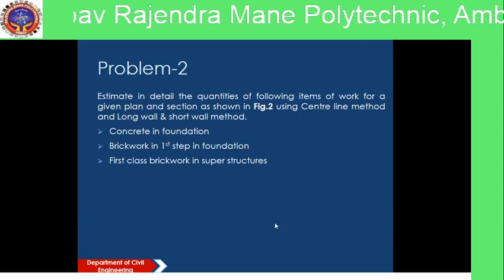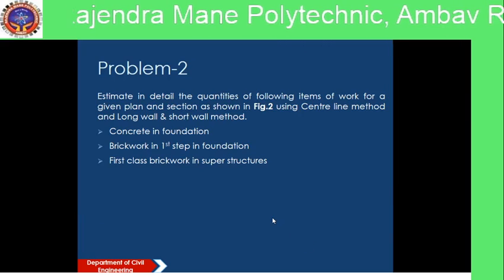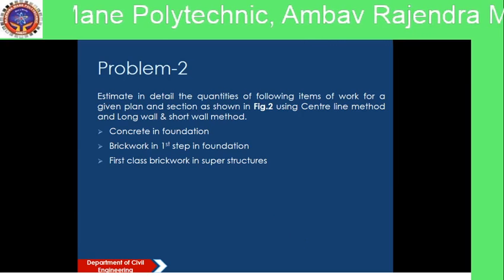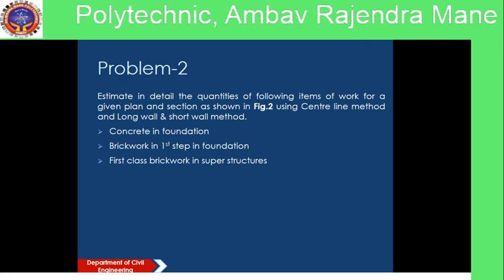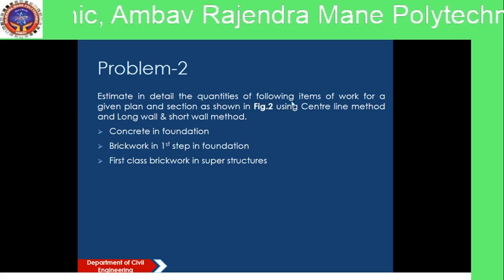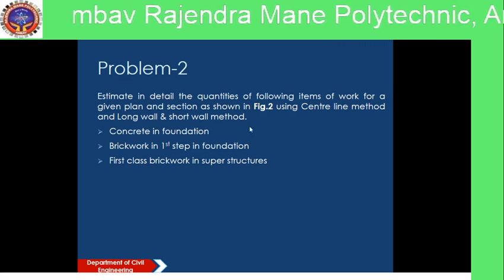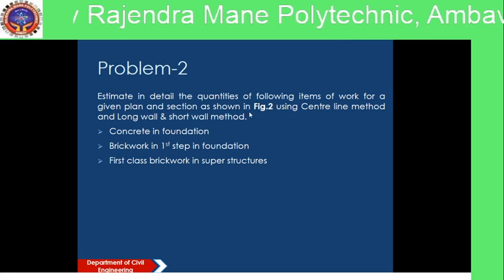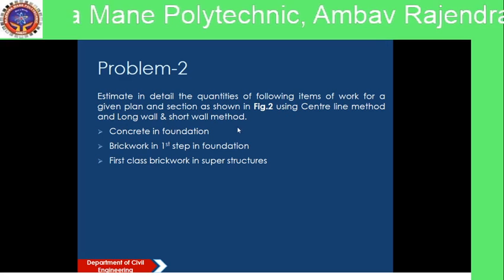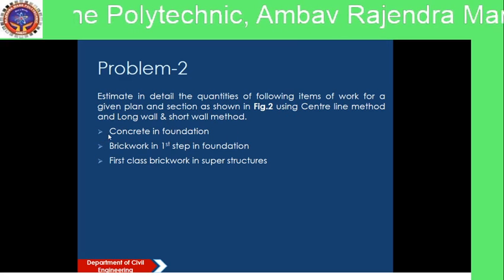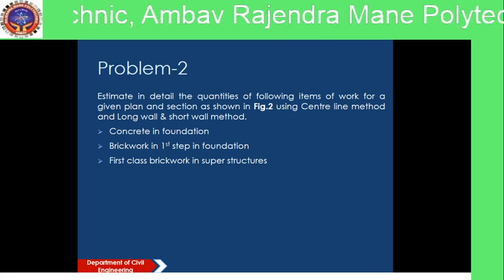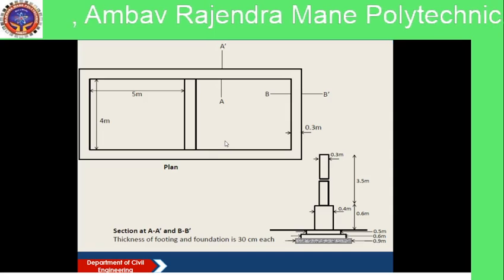Okay, so now we will add another single room, to increase the complexity of the problem. Estimate in detail the quantities of the following items of work for a given plan and section as shown in figure 2, using the centerline method and the long wall and short wall method. A similar problem, only a same-size room is attached to that particular room.